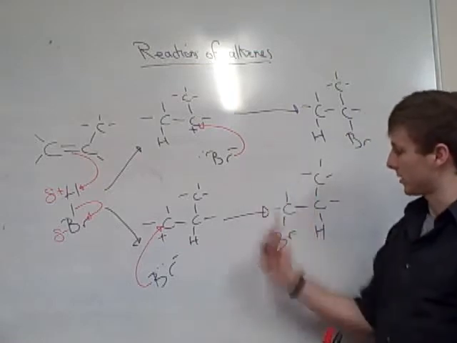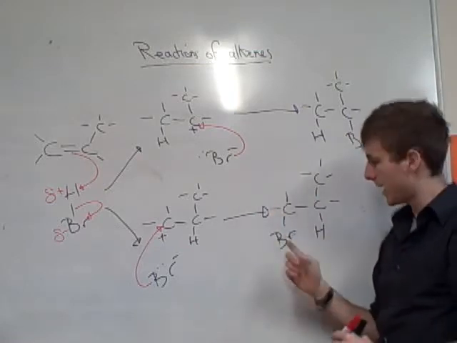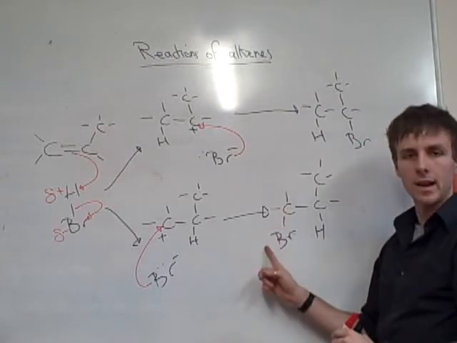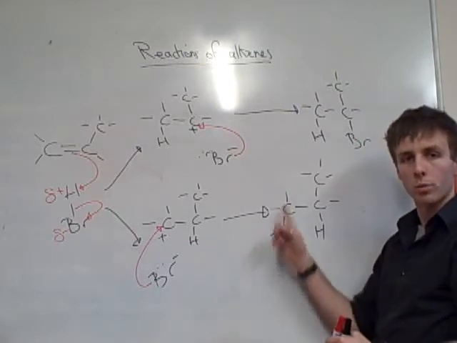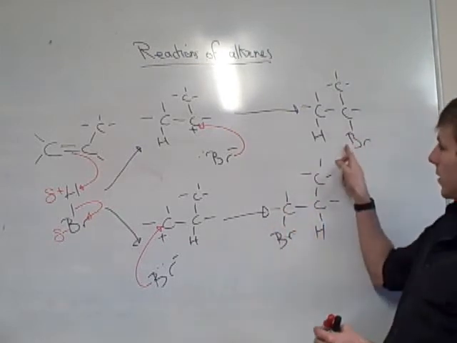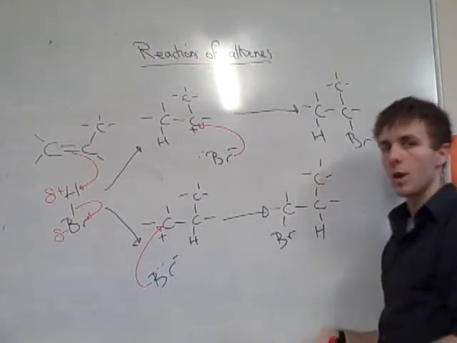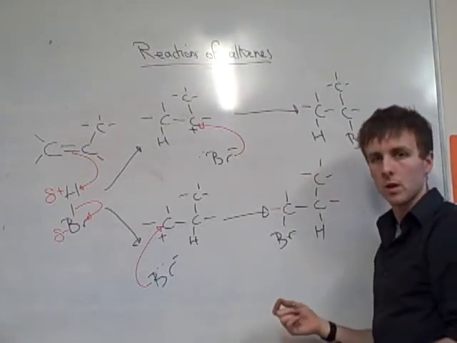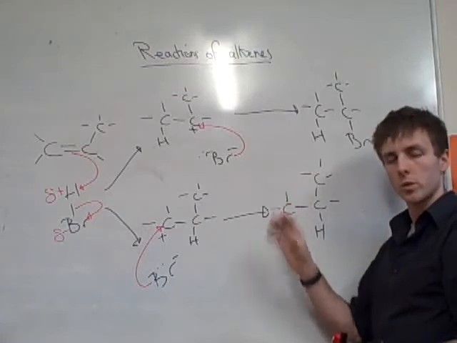And can you see how these are two completely different molecules? Here, the bromine's attached to the first carbon, so this is 1-bromopropane. Whereas here, the bromine's attached to the second carbon, so this is 2-bromopropane. So it really does make a difference which way round you do it.